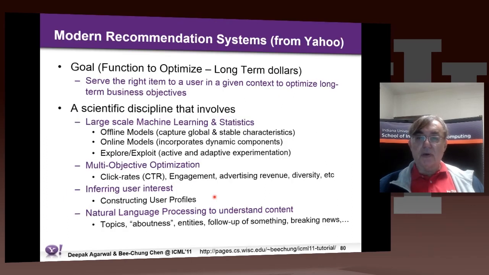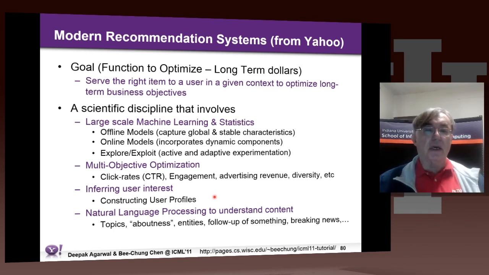Here are some comments from Yahoo, which I just put in to point out that recommender systems are very complicated because they're not really, as I mentioned for Netflix, actually trying to get you the best answer. In the case of Yahoo, they're trying to generate a personalized page that's best for you.